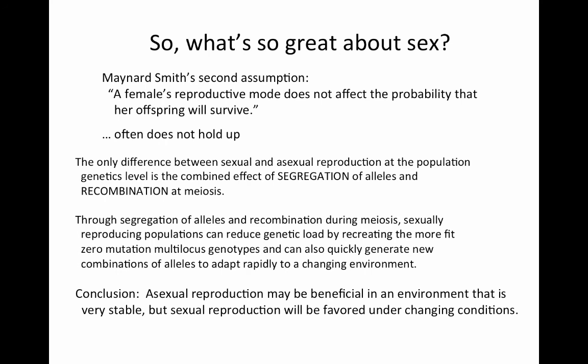But as soon as that environment changes, if you're reproducing asexually, you don't have a good mechanism for generating a lot of variation very quickly to be able to deal with that changing environment. So sexual reproduction is going to be favored under situations where conditions are changing and you need to quickly adapt to those changing conditions.